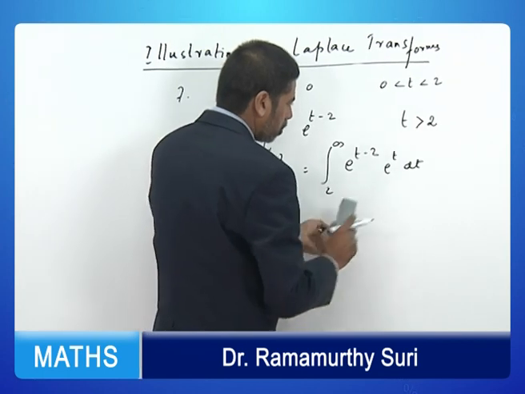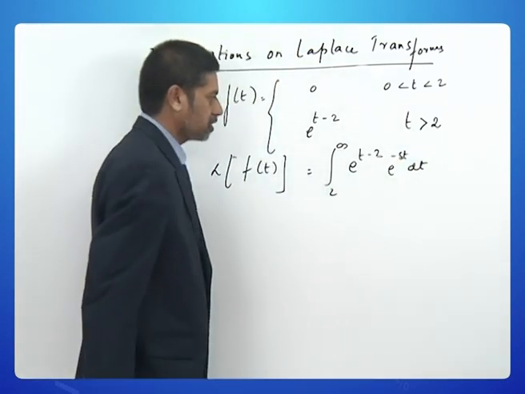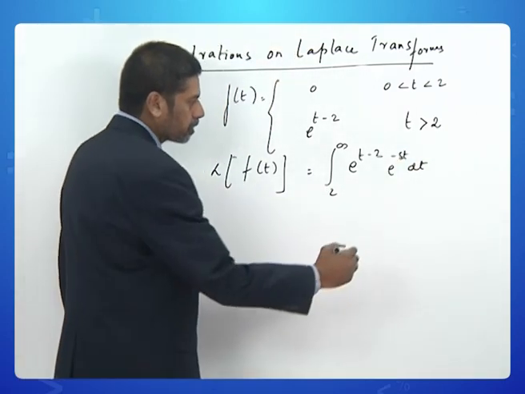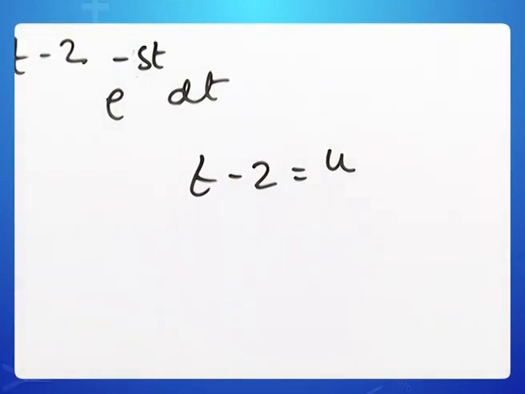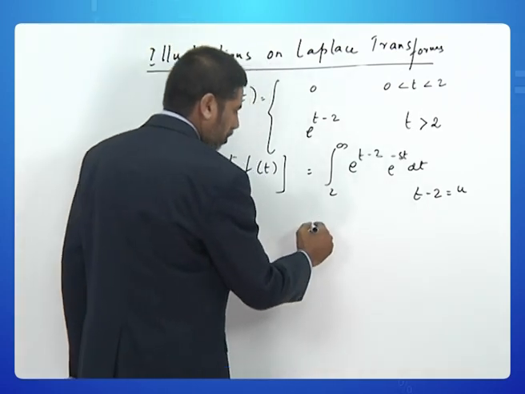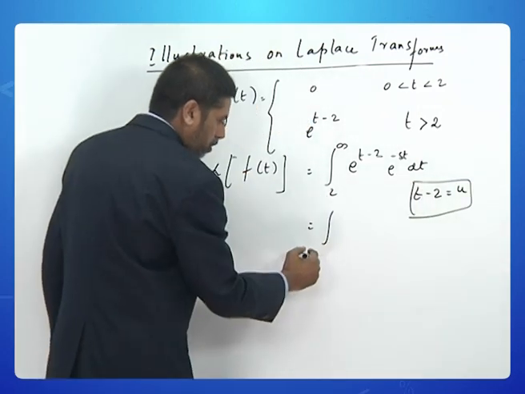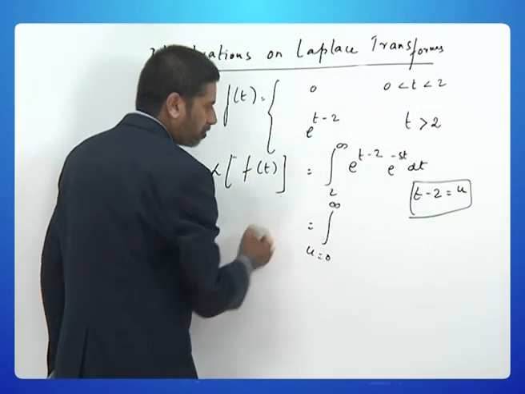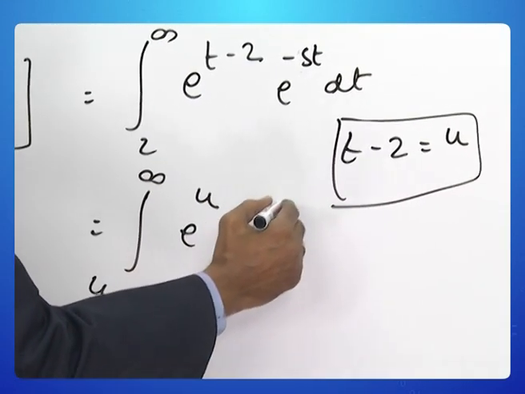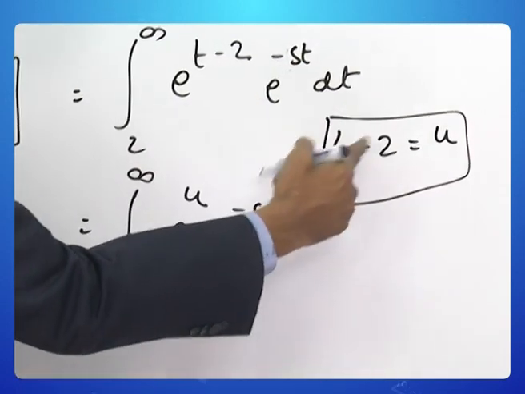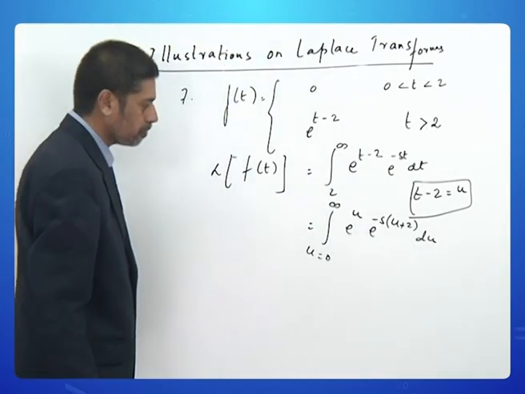Actually, there is a small correction. You write it as e power minus st if you follow the definition, right? So what you do is, you introduce a small substitution, t minus 2 is equal to u. So the limits will change. The limits for u will be 0 to infinity, e power u, e power minus s, and t can be replaced with u plus 2, right?